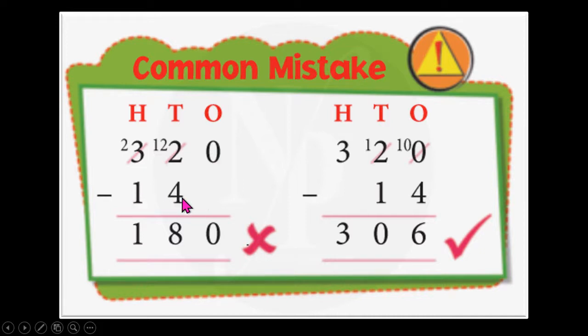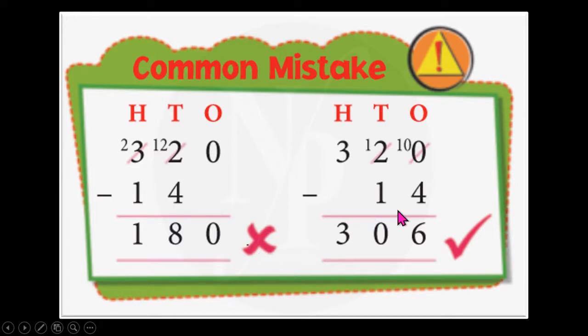Here in the number 14, place value of 1 is ten and place value of 4 is 1, ones place. So 1 should be written under tens column and 4 should be written under ones column. So if you write as shown here, the answer you get will be wrong.